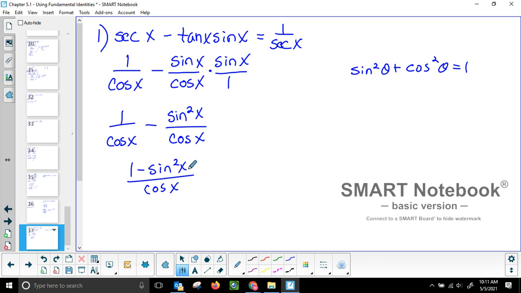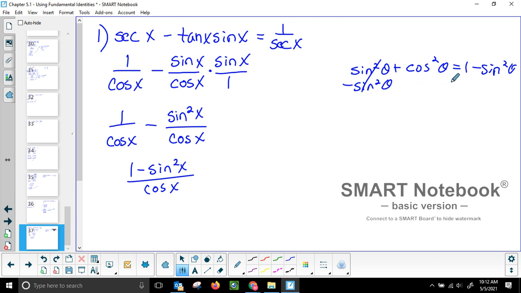So here we have this 1 minus sine squared x. All right, so I want to manipulate this identity so that I have 1 minus sine squared on one side of the equation. Well, that's really easy. All I have to do is subtract sine squared theta from both sides. Of course, our sine squareds cancel here.